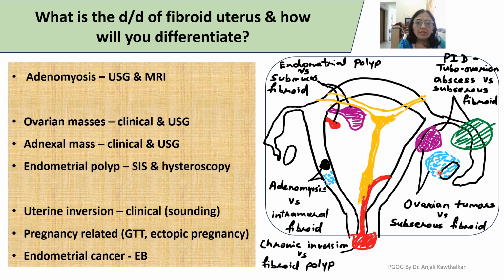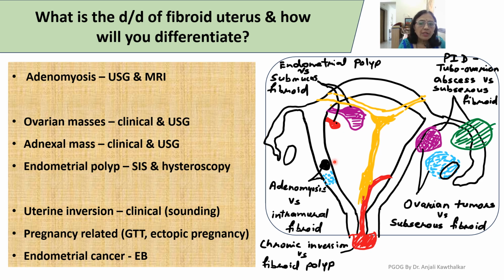Now, ovarian masses and adnexal masses, especially in a PID, there can be a tubo-ovarian abscess. These can be confused with a subserous fibroid, and for this, clinically, we can differentiate as movement of the cervix will be transmitted to a subserous fibroid, but not to the ovarian or to the tubo-ovarian mass, adnexal mass.